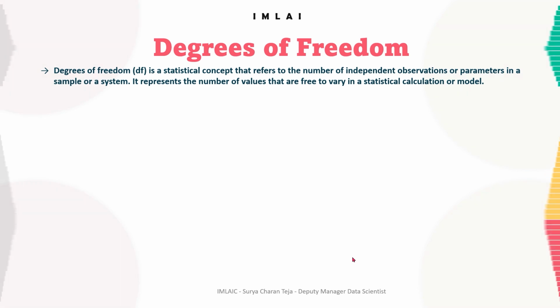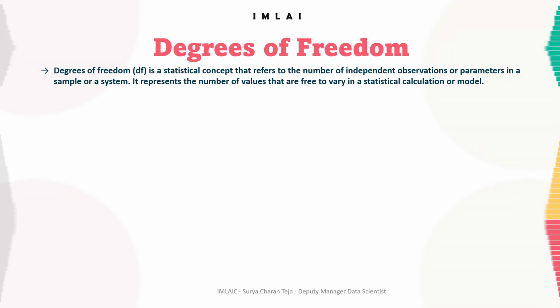When you use a sample to estimate the variance for a population, you will end up with an estimate that is slightly biased downward. If you use n minus 1 in the denominator, the estimate will be free of that bias. So that is the reason we use n minus 1 when you calculate the standard deviation.